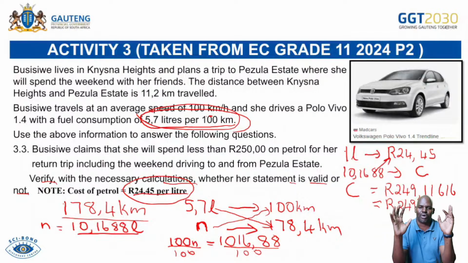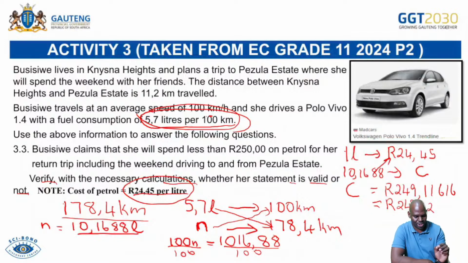It is very important not to round off until you get to the final answer, because the more you round off before you get to the final answer, the less accurate your answer is going to be. So it's very important to keep all the decimals up until the final answer. So have we answered the question? Our answer, the cost, is 249 rand and 12 cents.